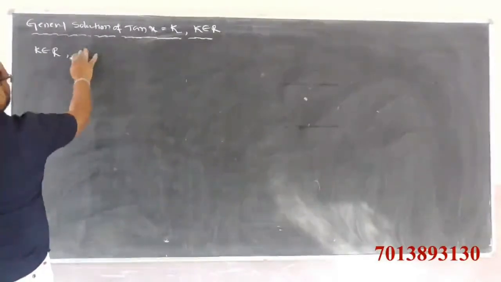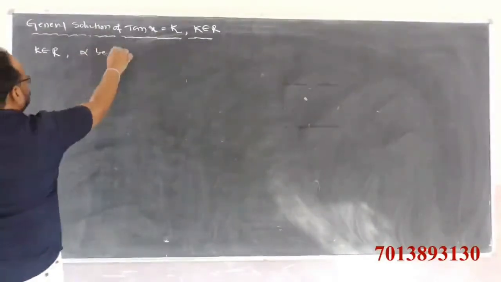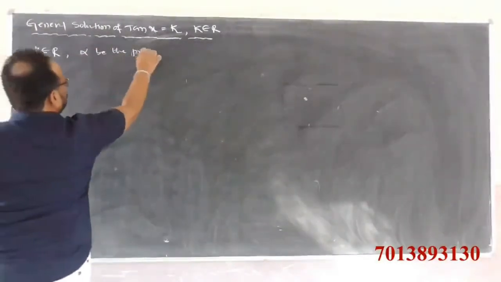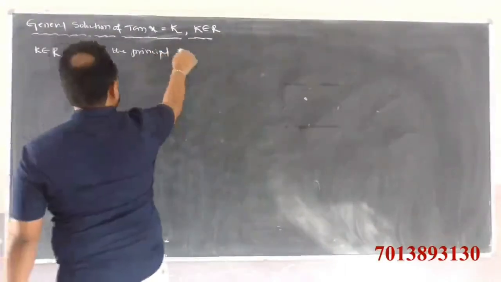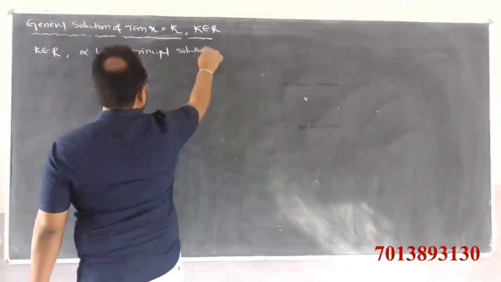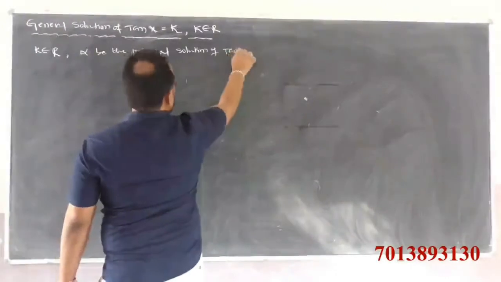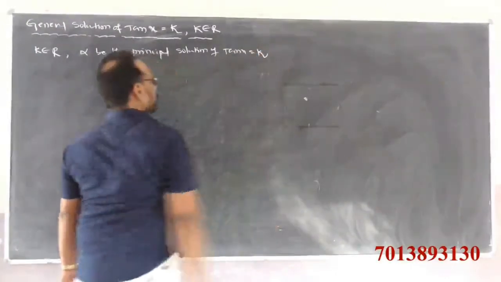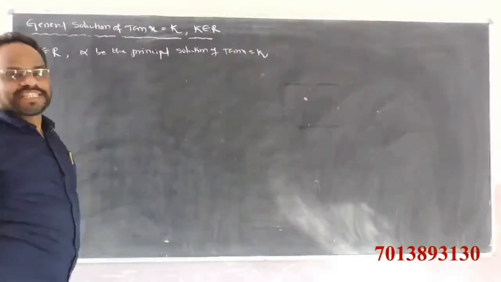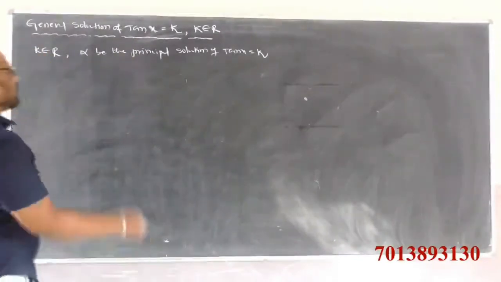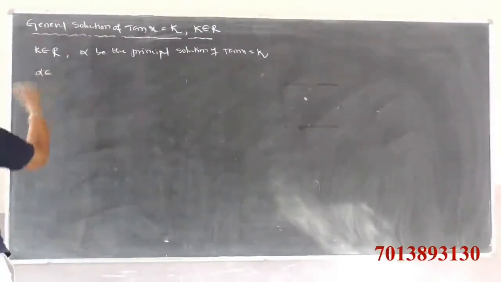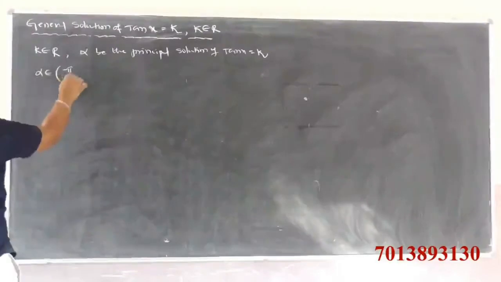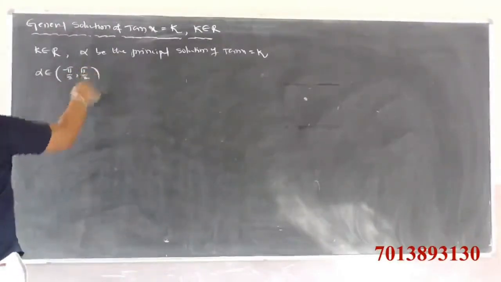Let alpha be the principal solution of tan x equals k. Clearly, alpha lies in the open interval minus pi by 2 comma plus pi by 2.